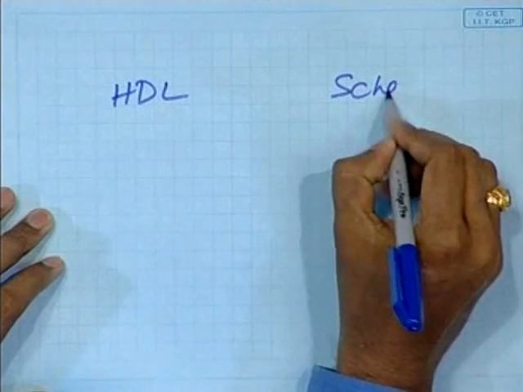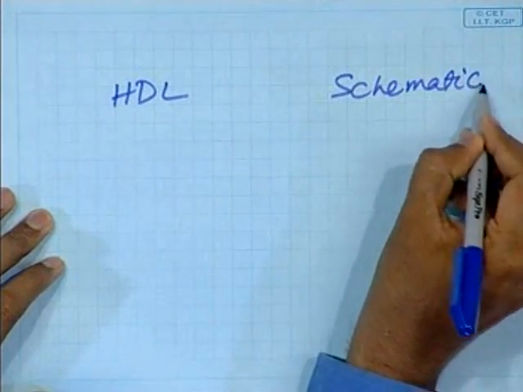You have to take the help of the EDA tools. So how will you enter the design into the EDA tools? Either you go to the schematic, as you do in analog design, or you go to some textual mode. So basically, the design entry is either HDL or schematic.